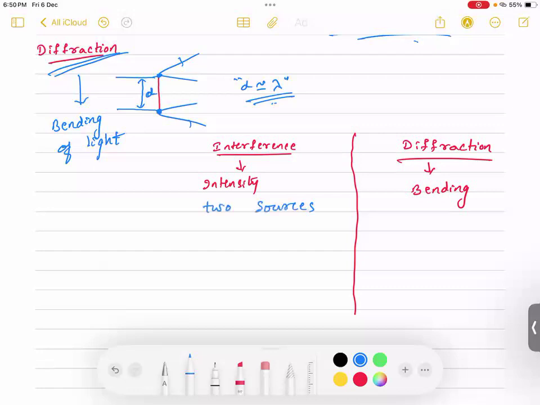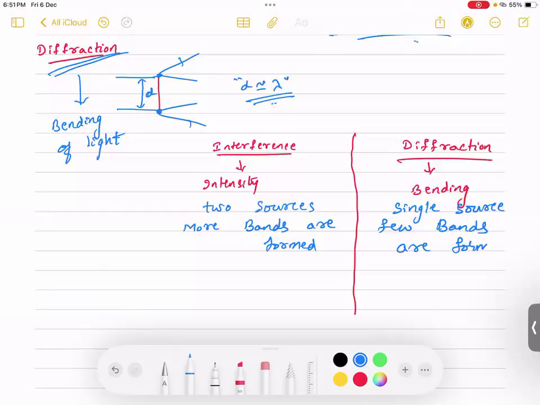Two sources. But in diffraction, only a single source is required. And please remember, in interference more bands are formed, but in diffraction few bands are formed.